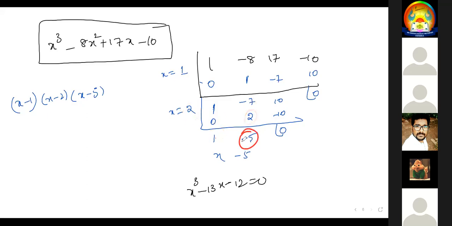Minus 7 plus 2 is minus 5. Minus 5 2s are minus 10. Plus 10 minus 10 becomes 0. So the factors are x minus 1, x minus 2, x minus 5.